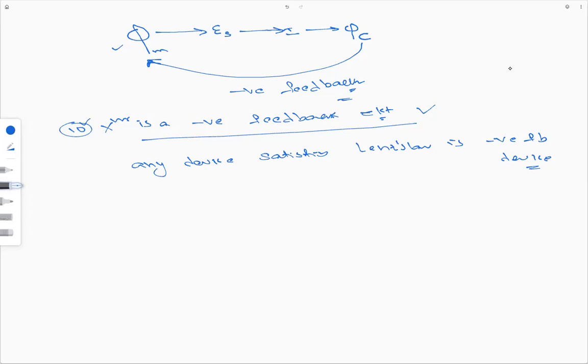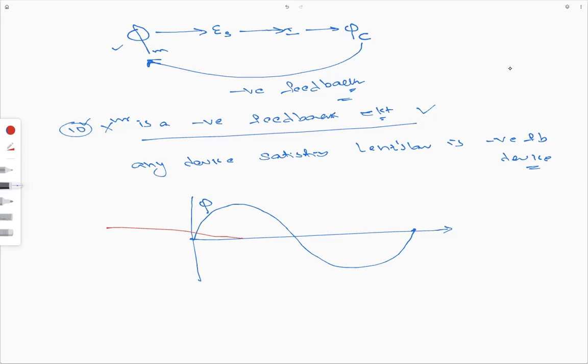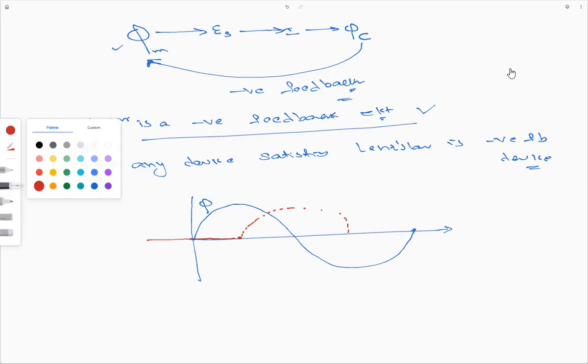So let me draw; actually we have already drawn, right? If this is the main field flux line, then the statically induced EMF in the coil is the red color line or the green color line? Everyone must tell me.